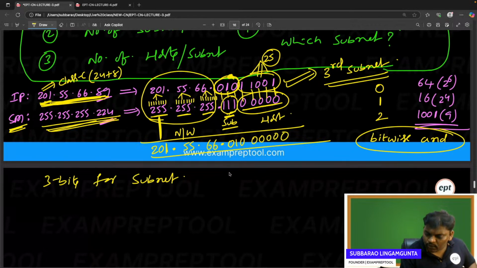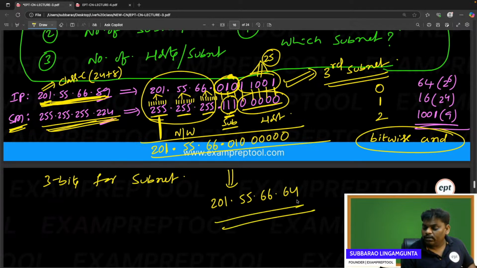So if you observe clearly, 201.55.66, then 010 followed by 5 zeros, it is 64. This is the host part, all zeros. It is the subnet ID.